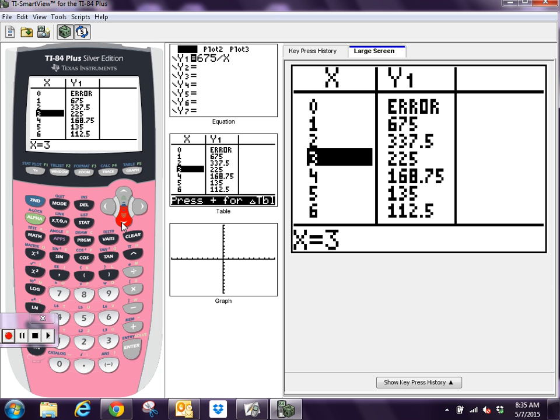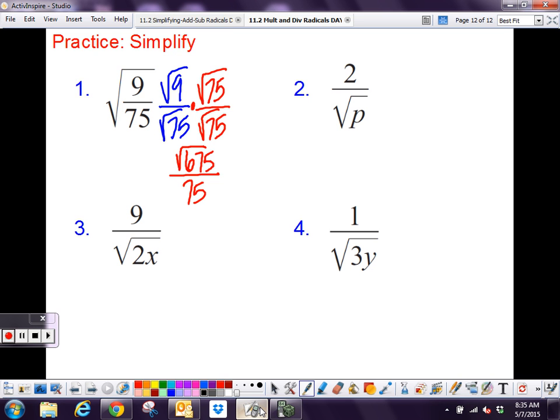So I'm going to go to my table, okay, and I see here, this is kind of a bigger perfect square, but 225 is a perfect square because 15 times 15 makes it. Okay, so I'm going to break this 675 into 3 times 225. Well, the square root of 225 is 15, so that's what I'm going to bring out.